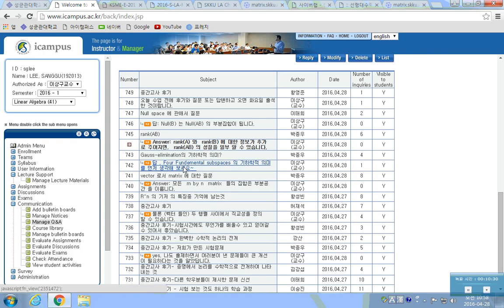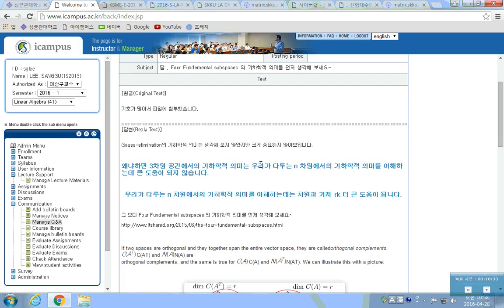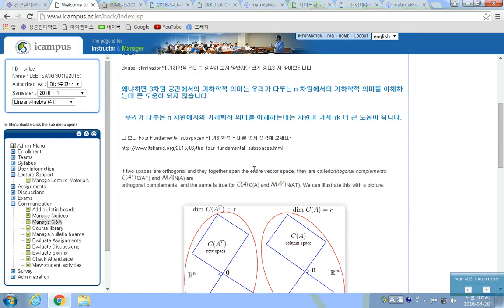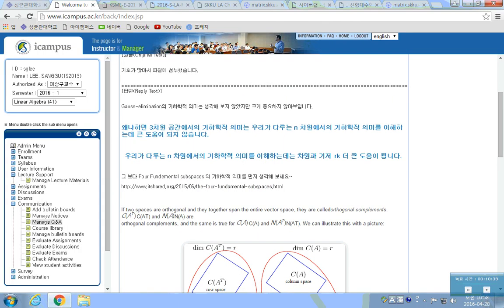Here, the geometric meaning of Gaussian elimination, as I mentioned, your sense of geometric meaning is in dimension 2 or 3, but the subjects that we are dealing with are n-dimensional vectors, matrices and functions. In n-dimensional spaces, a geometric meaning from 2 or 3-dimensional spaces doesn't have a big meaning.